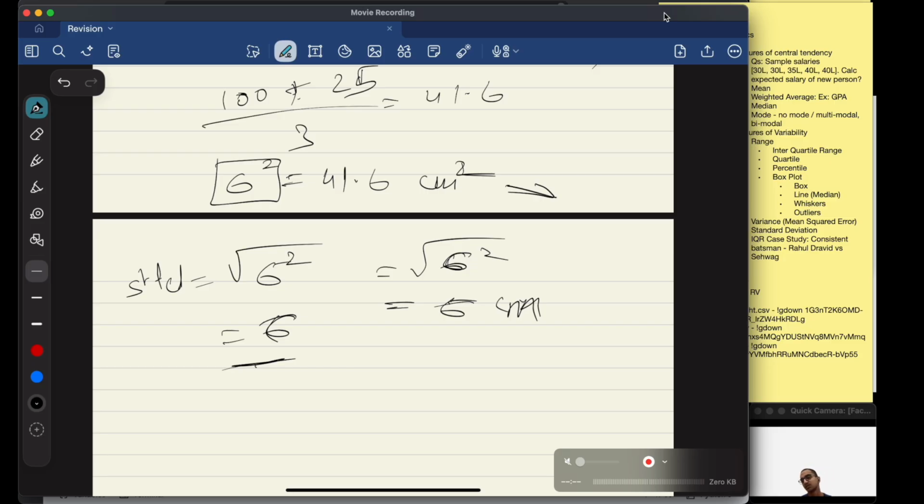In those scenarios, sigma square is more convenient. But generally, when we are talking to humans, or when we are trying to find what is more consistent, we will see standard deviation as the more used one. It's something that we use to communicate.